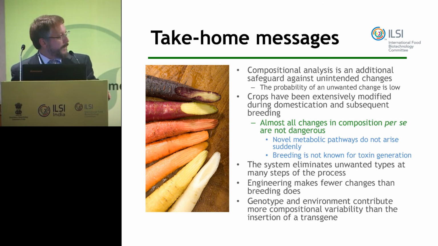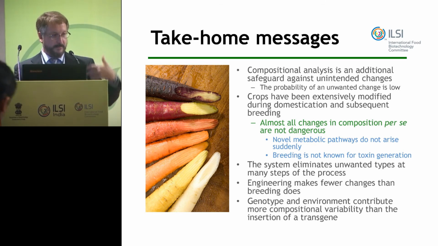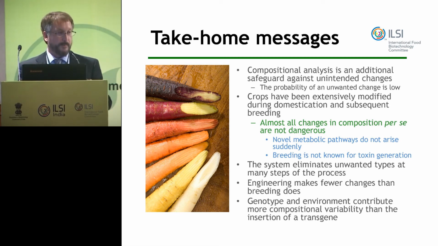So the take-home messages are that compositional analysis is there as an additional safeguard against unintended changes, above and beyond what's done with the toxicology, allergenicity, nutritional equivalence, and whatnot. But the probability of an unwanted change to begin with is pretty low.